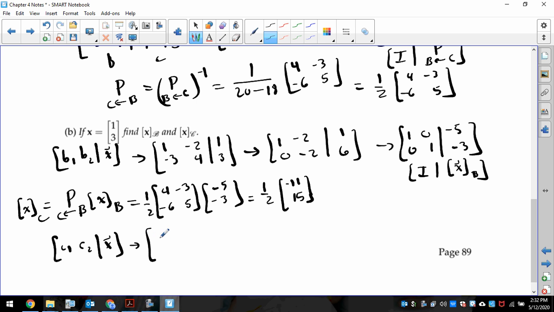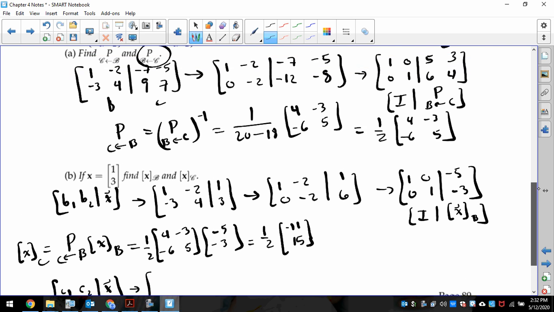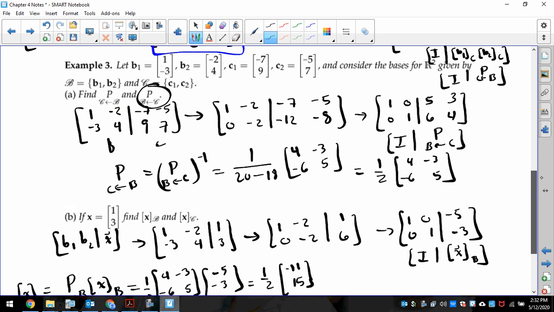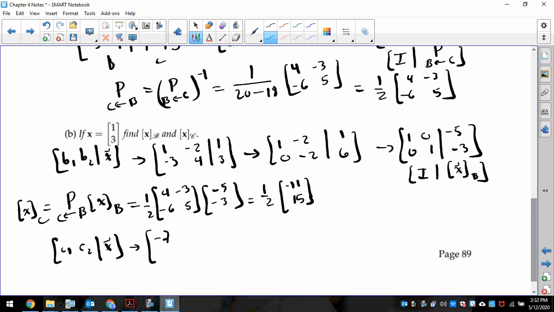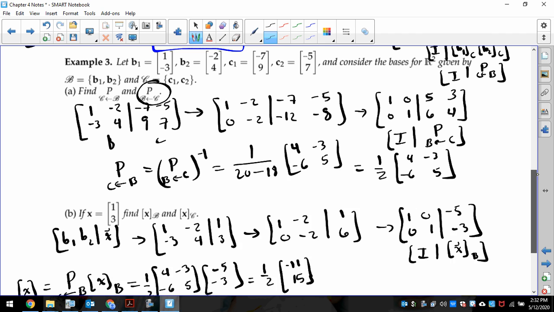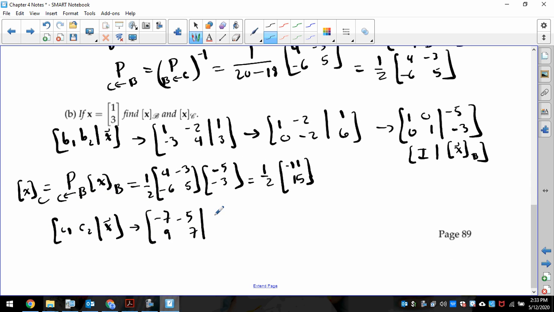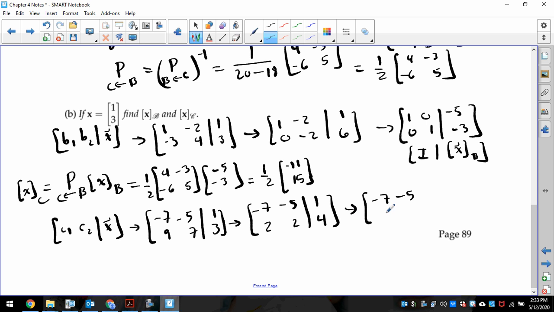Let's go through this. So what was C? So C is -7, 9. And I think -5, 7 or something like that. Yeah. Okay, so then we'll do 1, 3. And then just start going hog wild, row reducing here. We'll divide that bottom row by 2.